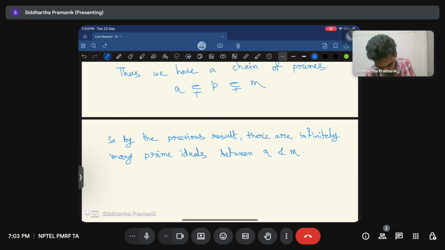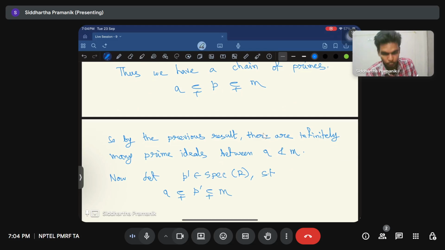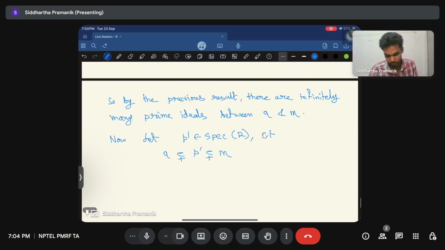Now, let P prime belong to Spec R, which is contained in Q and M, properly contained in M and properly containing Q. Then height of P prime is at least 1 because Q is properly contained in P prime.